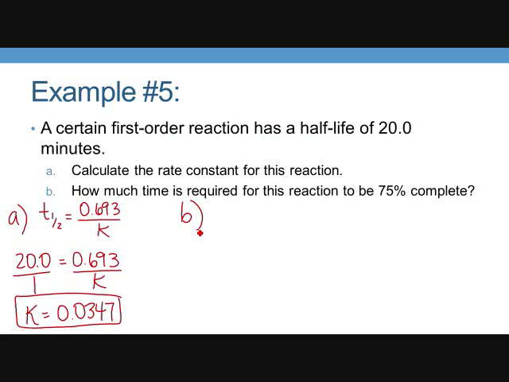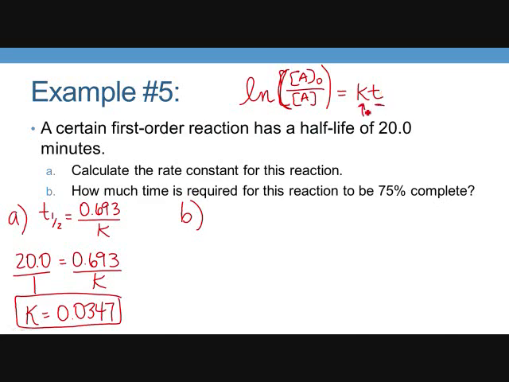Well, this is where we're going to use that other equation that I had mentioned earlier, at the top of page 7, at the bottom of the slide, where the natural log of the ratio of the initial concentration over the concentration at time t is equal to the constant K times T. So we want to figure out what that ratio is of initial versus the actual, because we want to solve for time, so we're going to be solving for T in our equation.